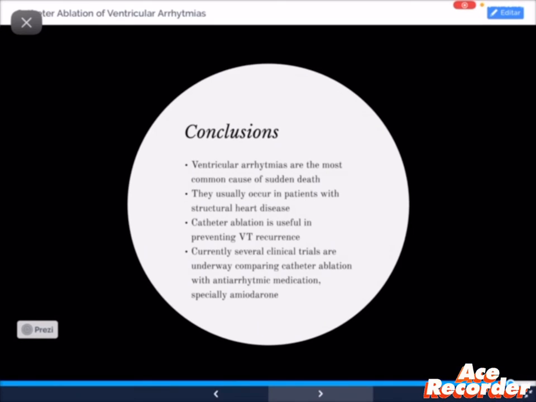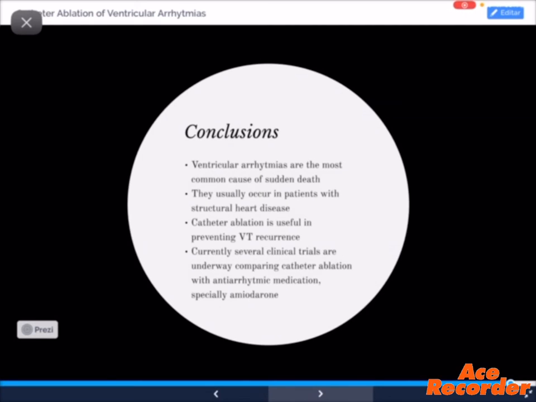In conclusion, we have to talk about how ventricular arrhythmias are the most common cause of sudden death. They usually occur in patients with structural heart disease. Catheter ablation, a procedure, is useful in preventing ventricular tachycardia recurrence, and for that reason, we should avoid and treat the tachyarrhythmia well.